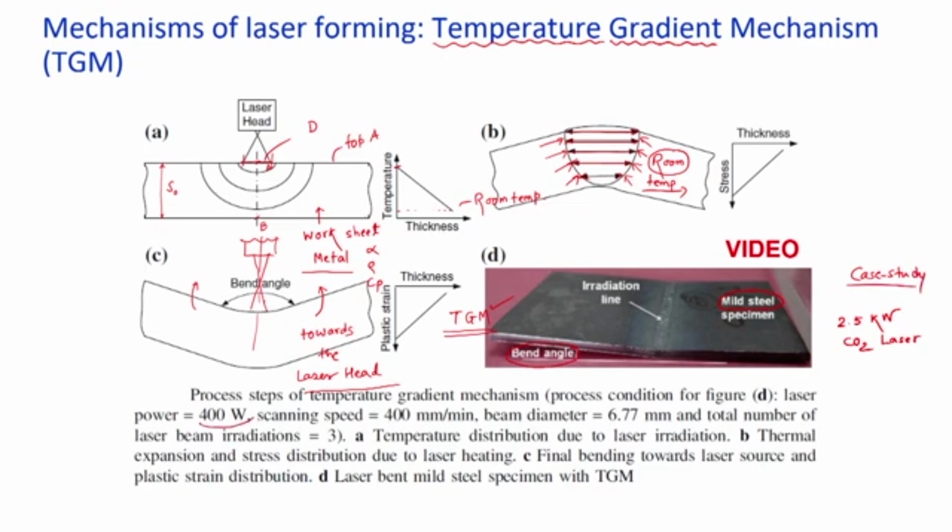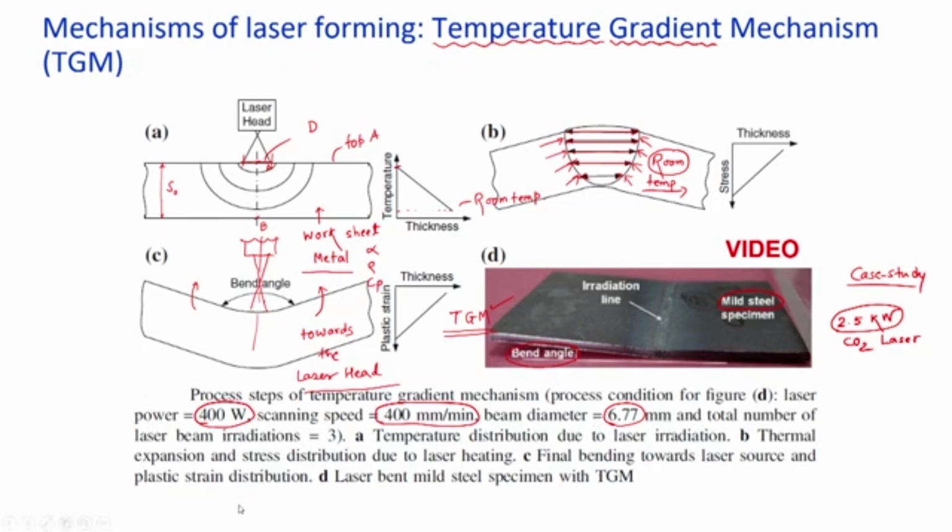So, we applied 400 watt. The machine maximum power was 2.5 kilowatt, but we set the power at about 400 watt. The scan speed was about 400 mm per minute, and the beam diameter was 6.77 mm.